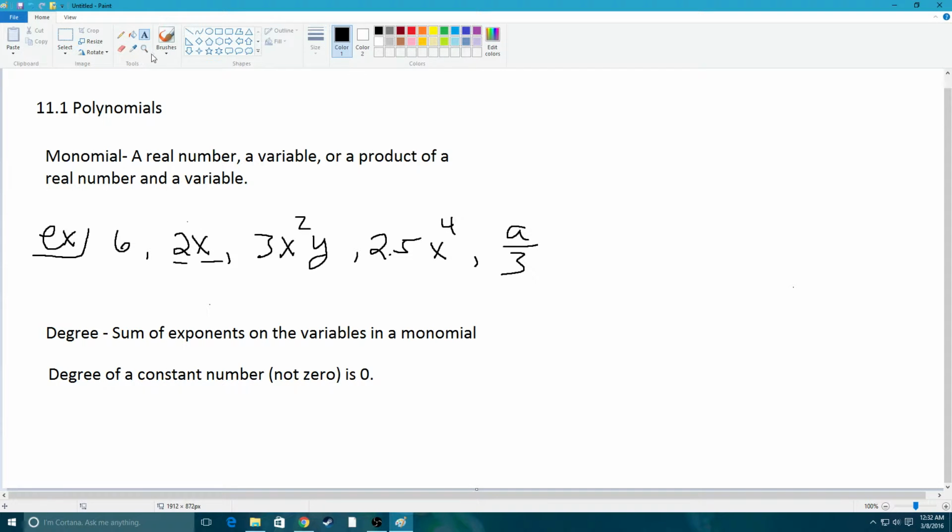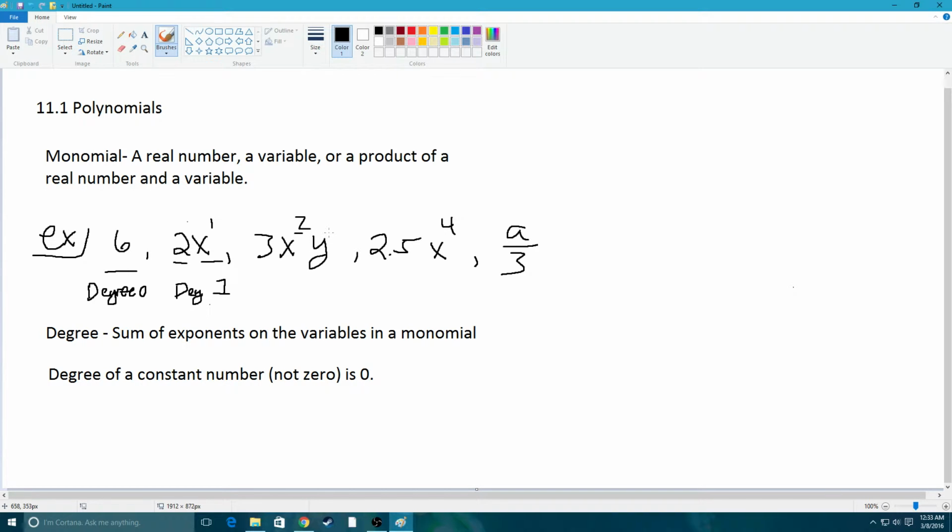So what I mean by that is that this guy has a degree of 0. There's no variable attached to him, so he has a degree of 0. This guy over here has a degree of 1 because of the variable.